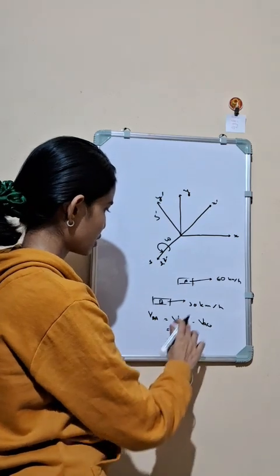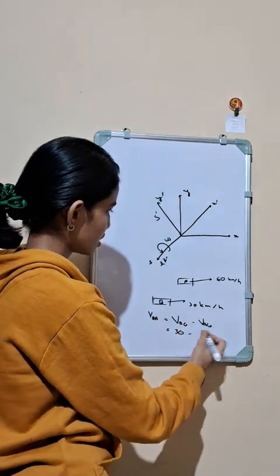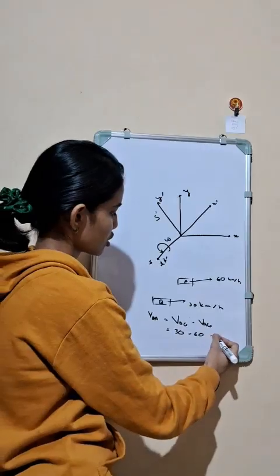So this will be 30 minus 60 equals minus 30.